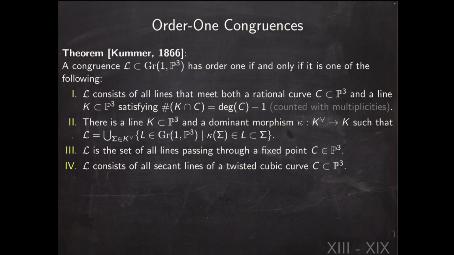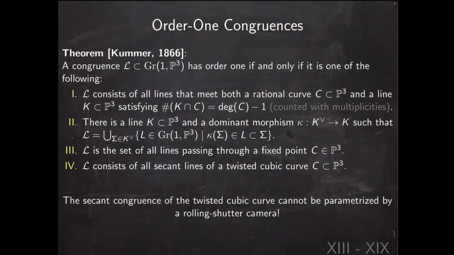But it turns out that you can show that this last type, secant congruences of twisted cubic curves, can just not arise from rolling shutter cameras. Then you have to do some work to put these other 3 conditions into the 3 conditions of the previous theorem. And we don't just want the congruence to be order 1, but also this lambda map to be birational.